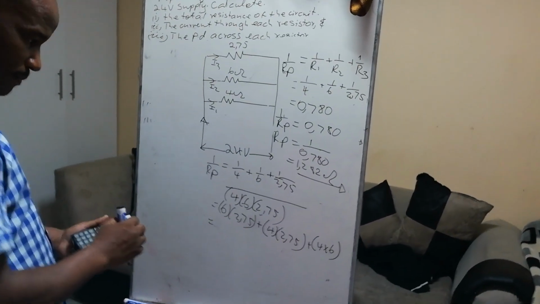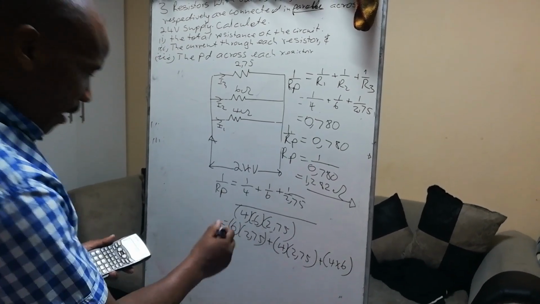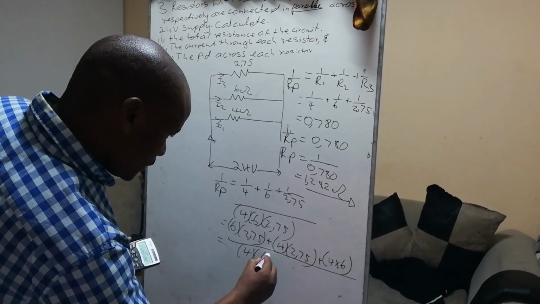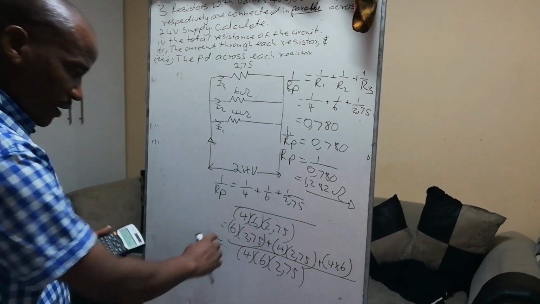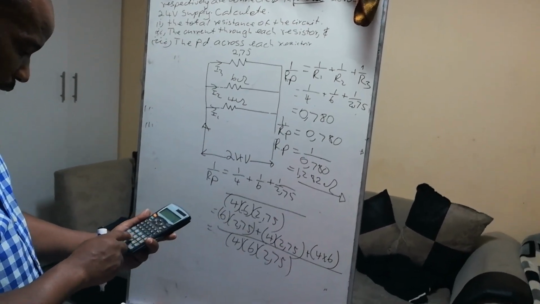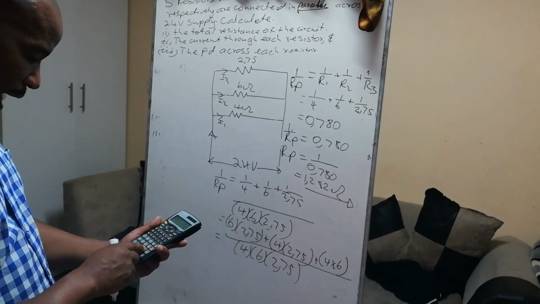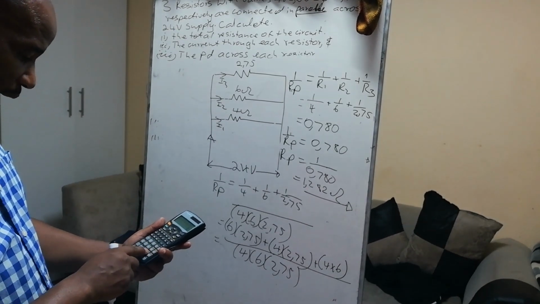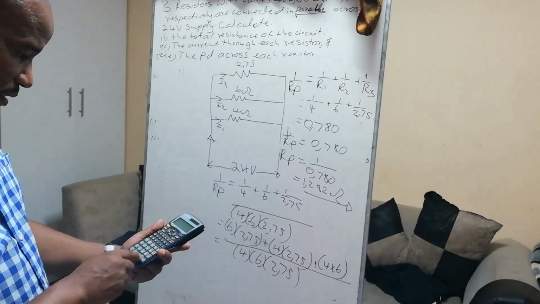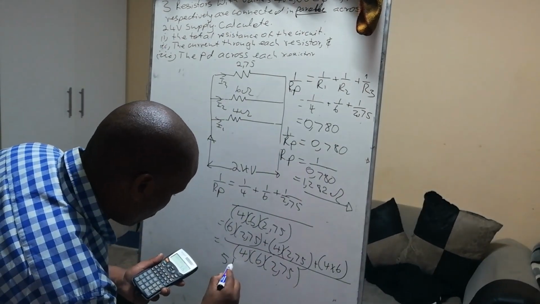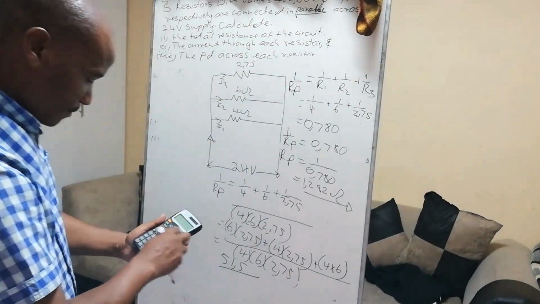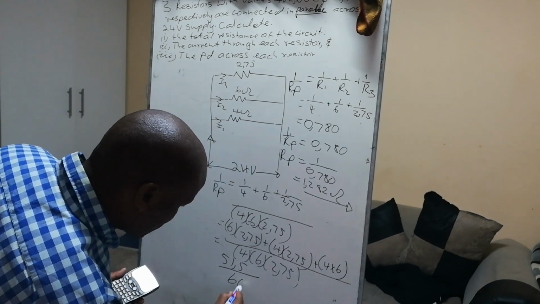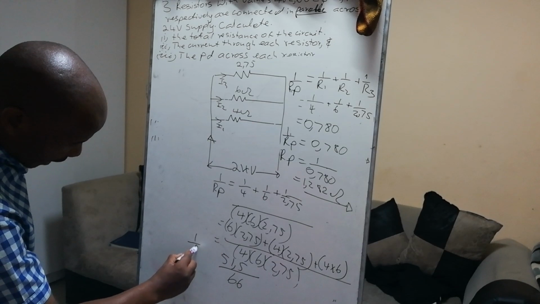That is equal to 51,5 over 4 multiplied by 6 multiplied by 2,75, which is 66. So that is equal to 1 over RP.